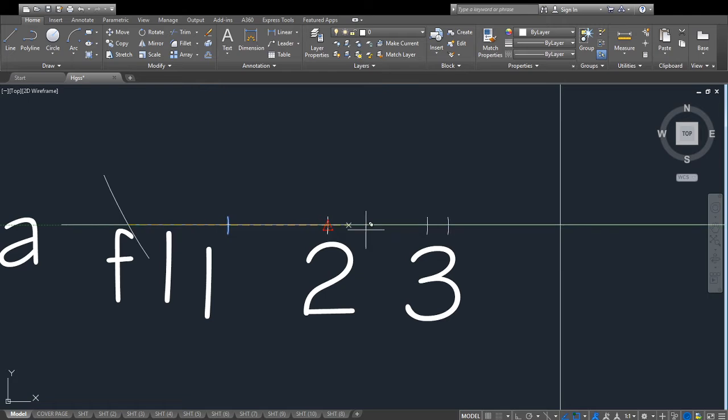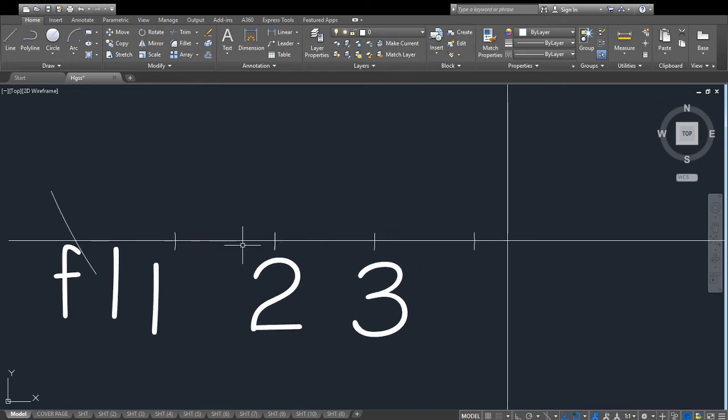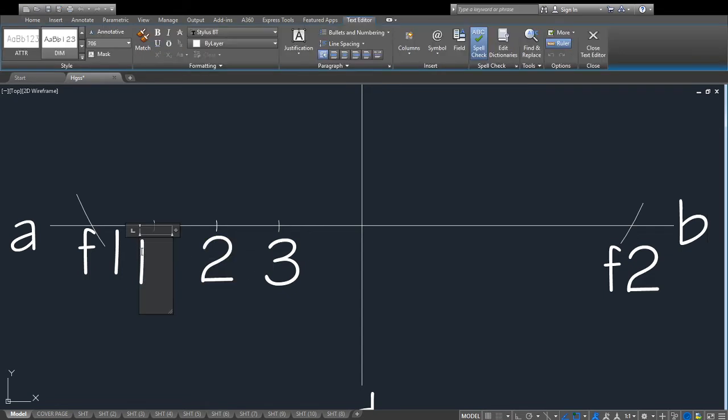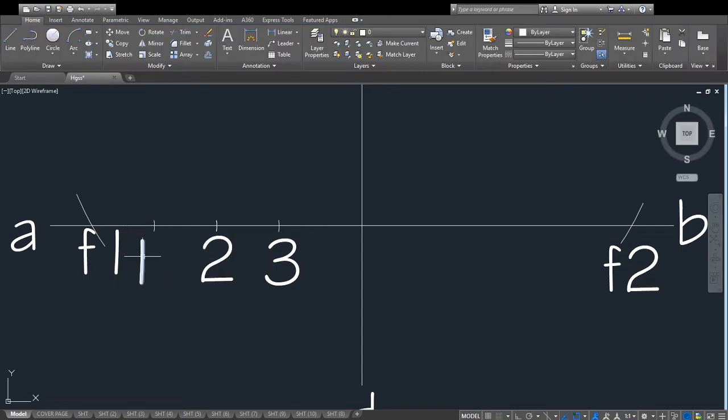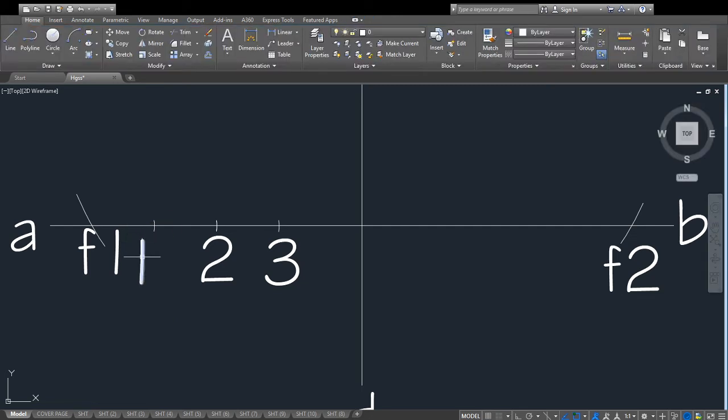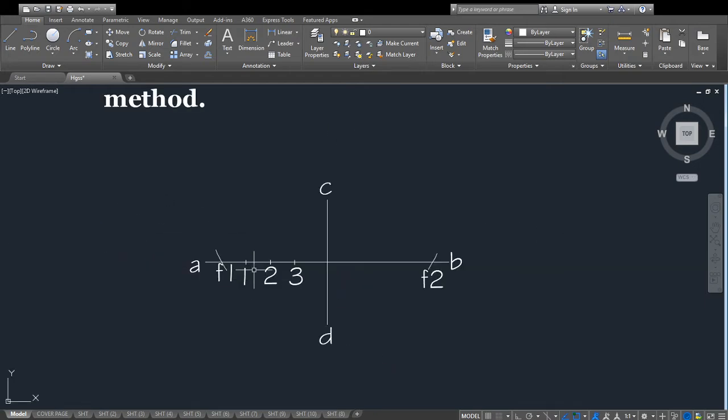Another one, another one. But for the purpose of this, I'm going to use 0 to 3, 1, 2, and 3. Okay, now we have this.